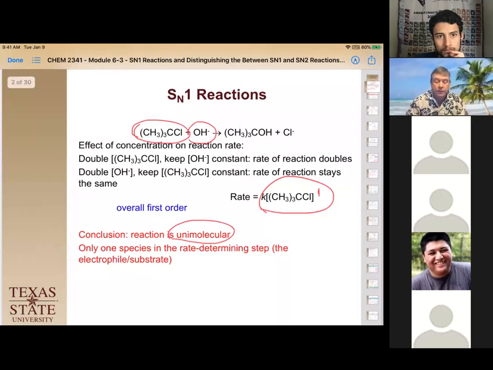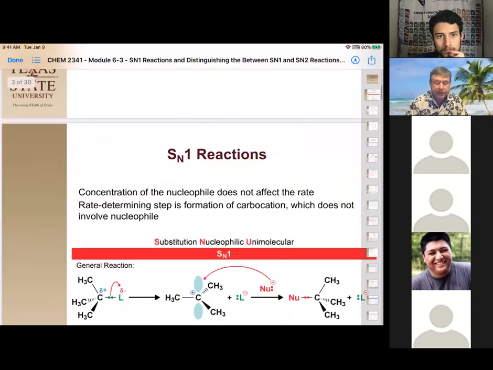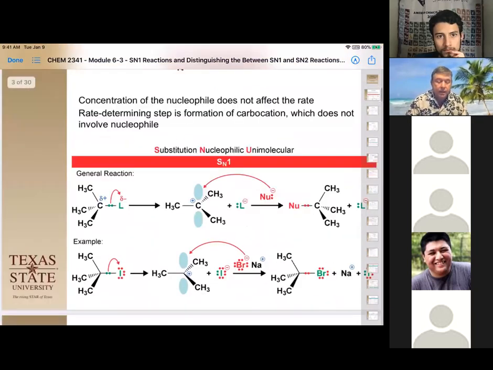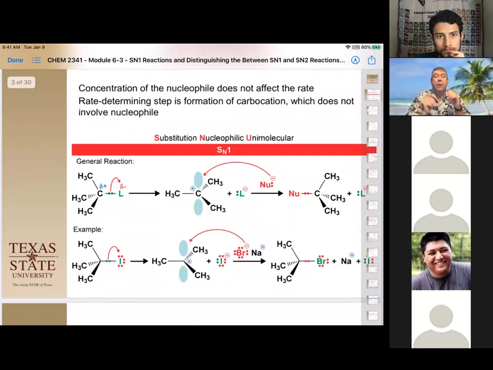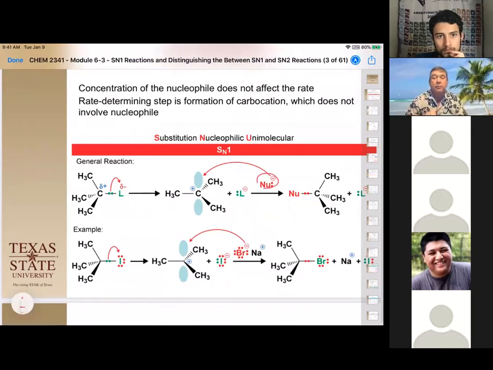Okay, so the way we do this is we actually end up having our bond break first with our leaving group. Because the concentration of our nucleophile is not important, we must break our bond first. And that was one of those mechanistic things we talked about that can happen.